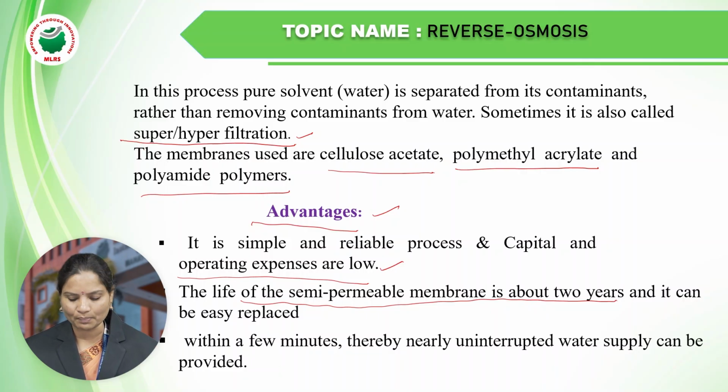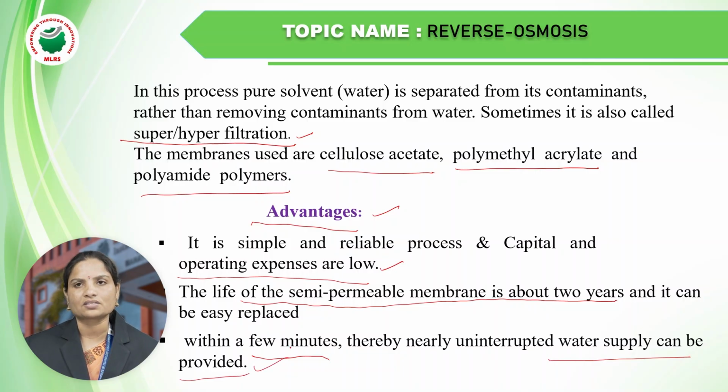Within a few minutes, we can eliminate NaCl ions, salt ions, or contaminants from the water, and this water can be supplied for domestic and industrial purposes, or majorly for drinking. So we get purity of water from the reverse osmosis process.